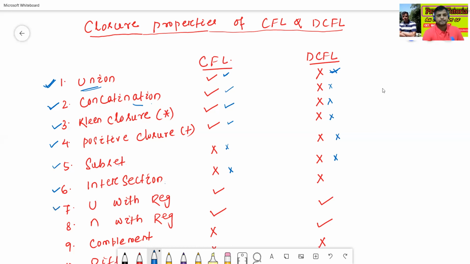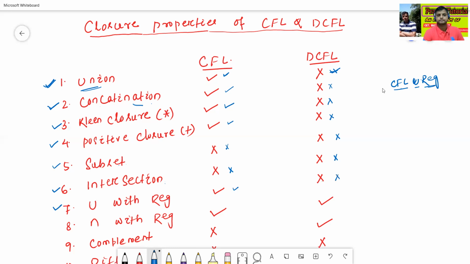Then the next operation, union with regular, means context-free language union regular. Union with regular is closed under context-free language and it's not closed under DCFL.